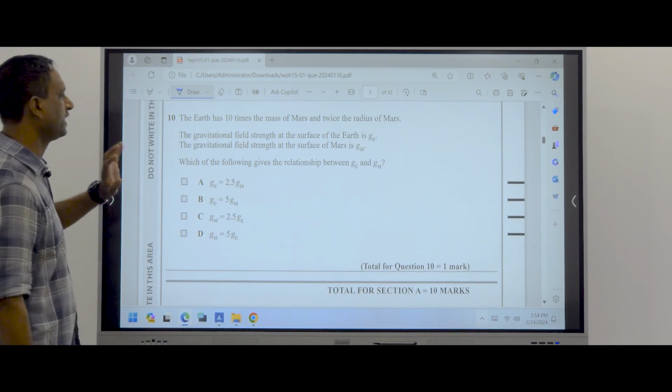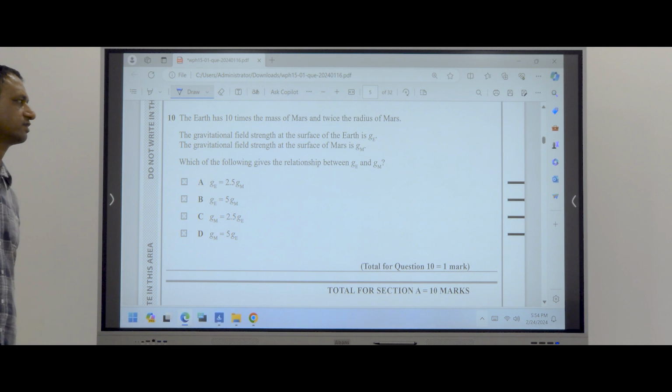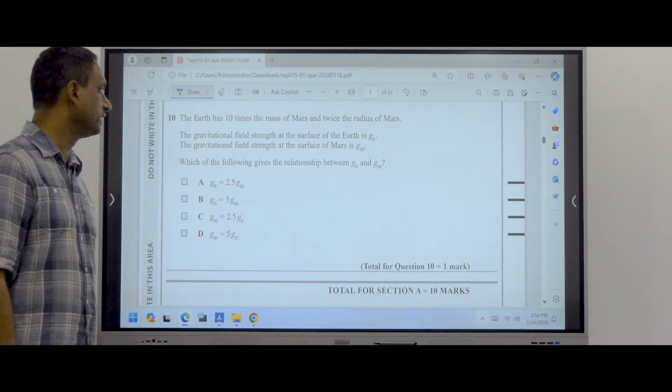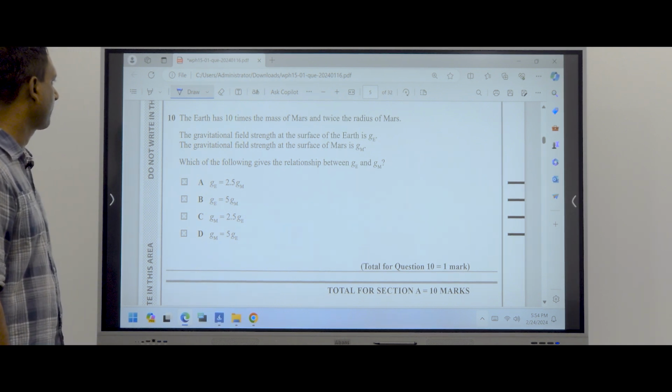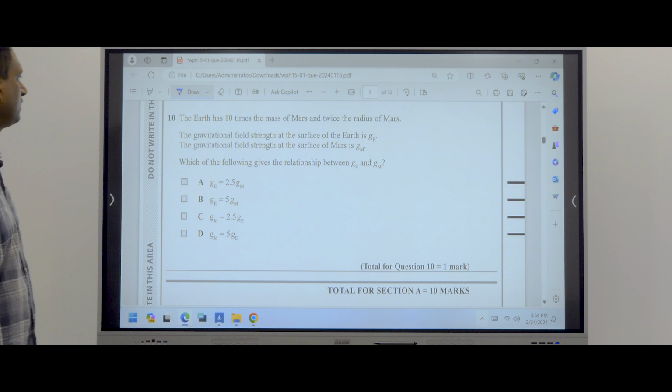The Earth has 10 times the mass of Mars and twice the radius of Mars. The gravitational field strength at the surface of Earth is Ge, and the gravitational field strength at the surface of Mars is Gm. Which of the following gives the relationship between Ge and Gm?